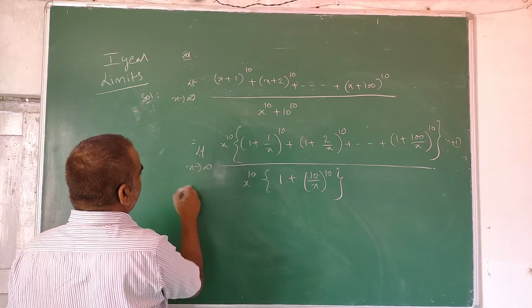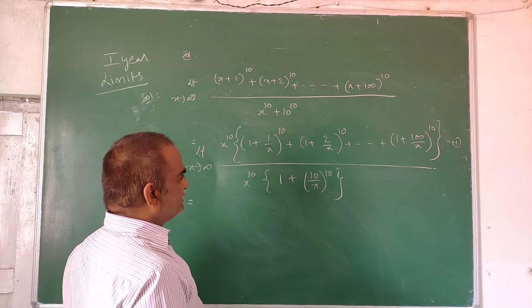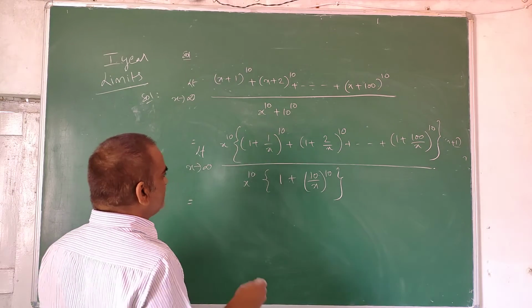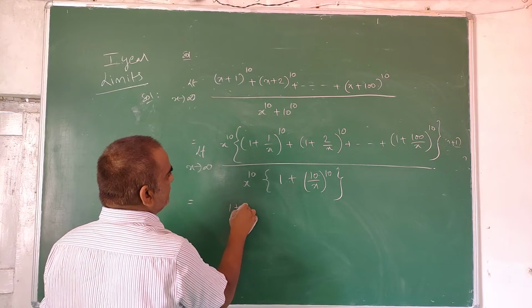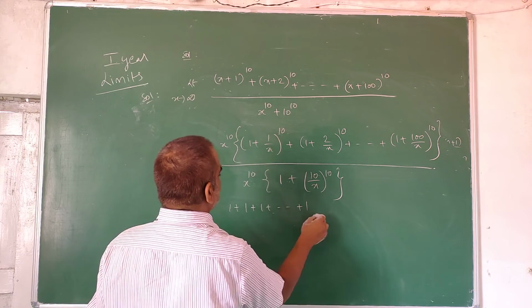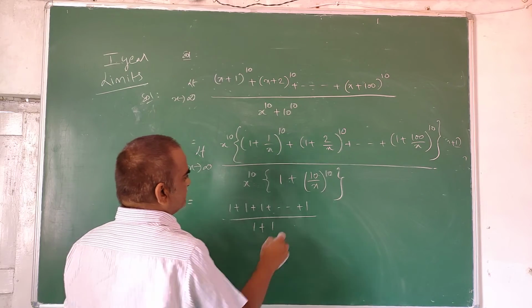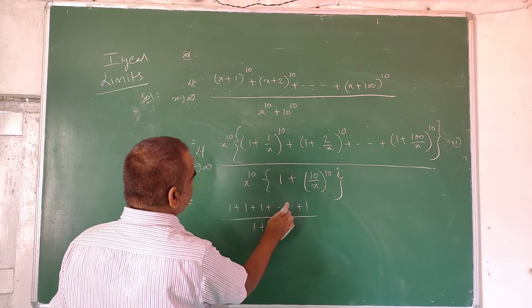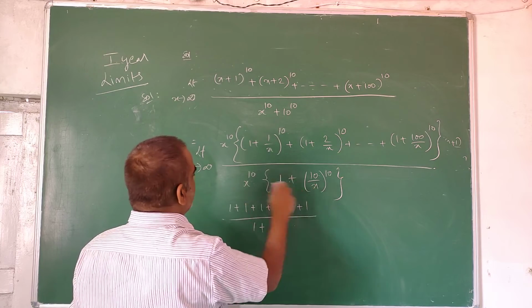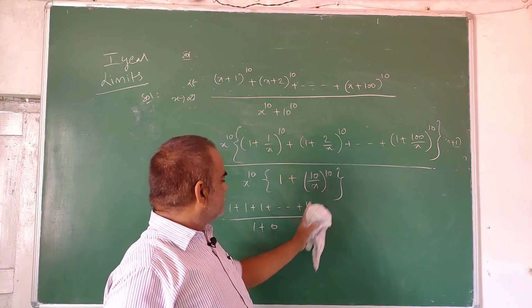So this x power 10 gets cancelled. Now 1 by x, 2 by x all will become 0. So this is 1 plus 1 plus 1 plus so on over, this is 1 plus 0. As x tends to infinity, 1 by x tends to 0.